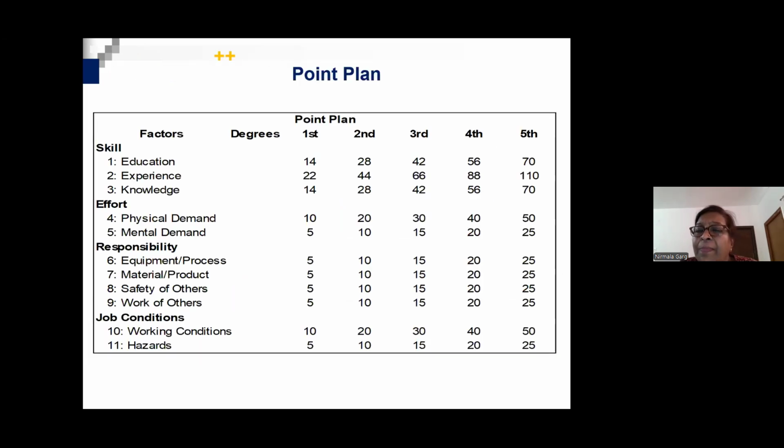So typically what happens in point plan, the first step is common. Only step 1 is common. What is it? You are identifying compensable factors. So have you noticed? These are the factors. Say, for example, skill, education, experience, knowledge. This is only an example.